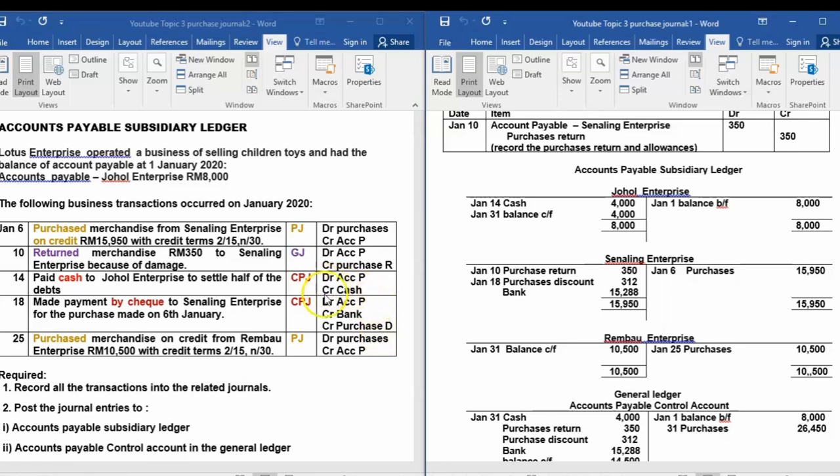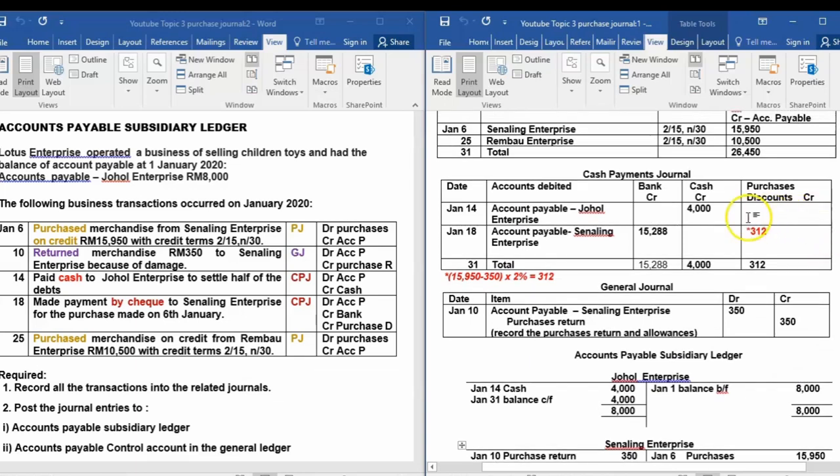So we look at the account payable debit side for Senali Enterprise: purchase discount, the amount is 312, and bank, 15,288. Where do you get this amount? From the cash payment journal that we calculated before.